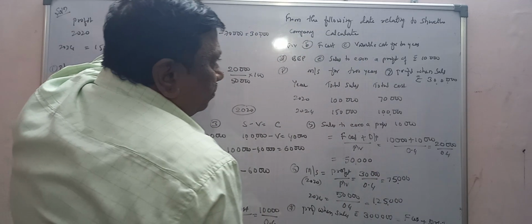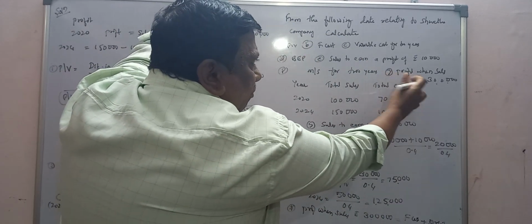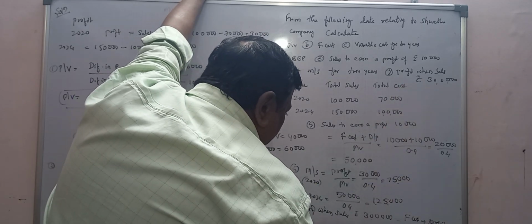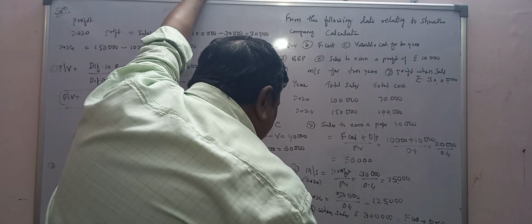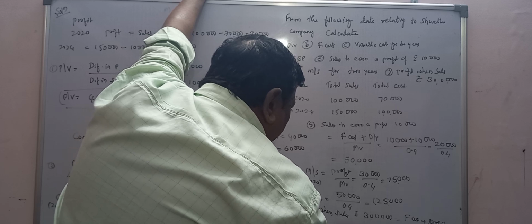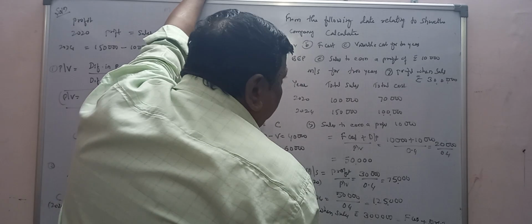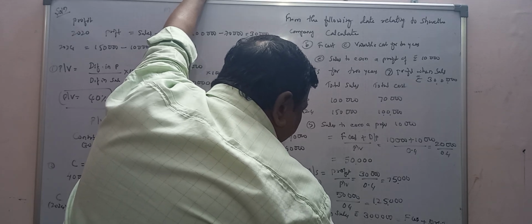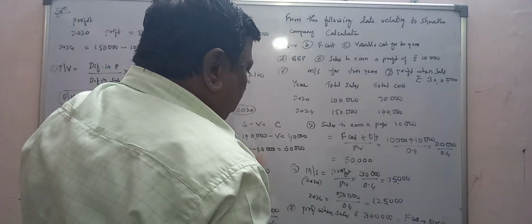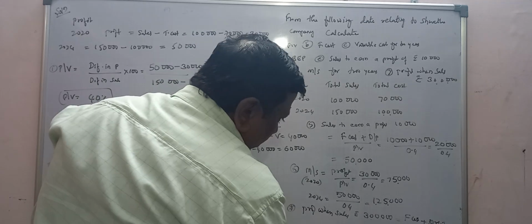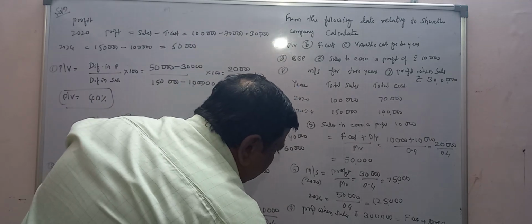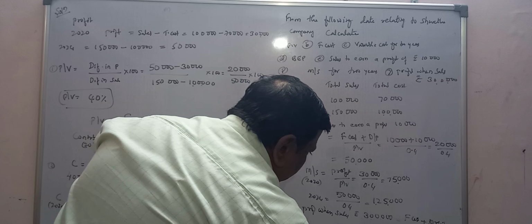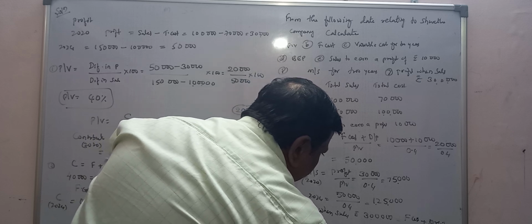We know sales. They are asking profit when sales are 3 lakh. We don't know profit. 3 lakh equals fixed cost, we know 10,000, plus profit, that only we are calculating, divided by PV, we know 0.4, right? So 3 lakh into 0.4 equals 10,000 plus profit, right?